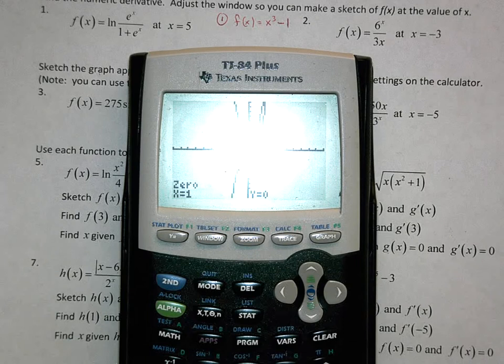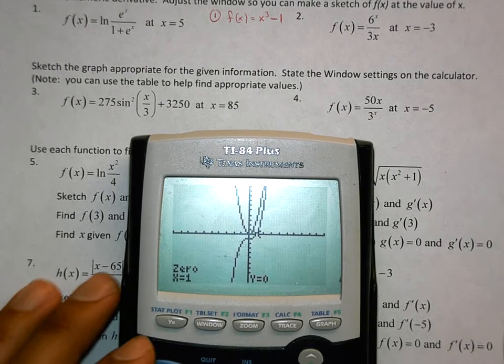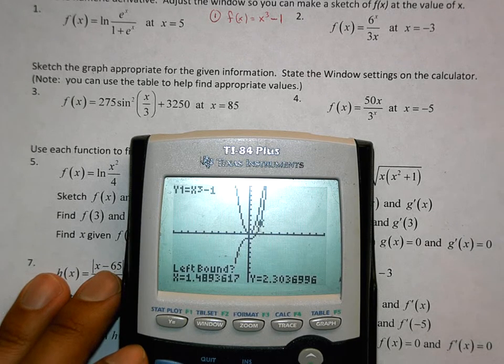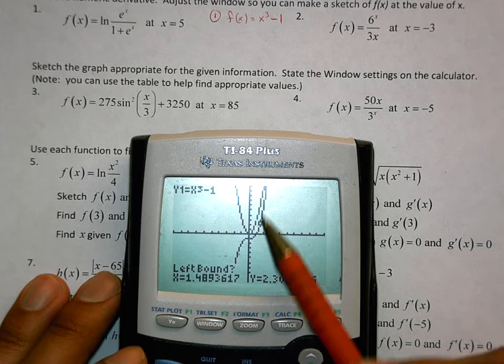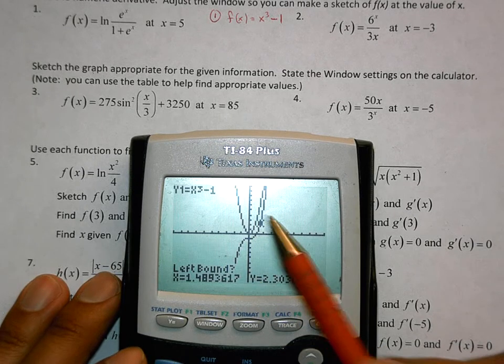The 0 is at x is equal to 1. By the way, if I chose a left bound that was here, here's my cursor, it's on this graph. And this is for the first function.